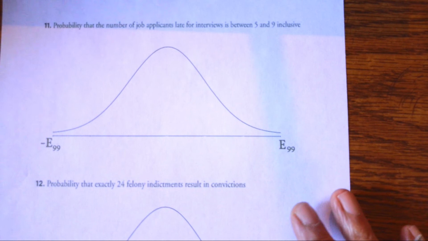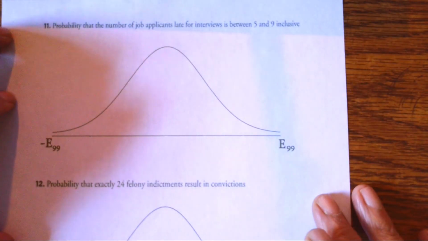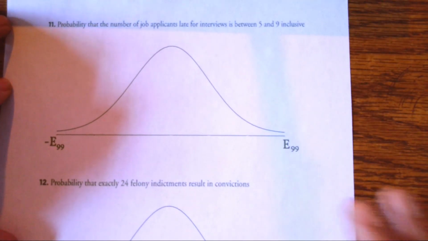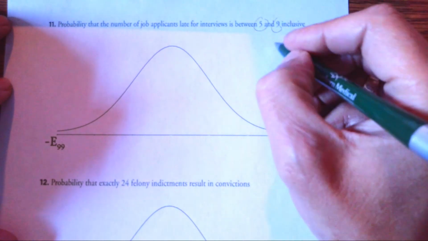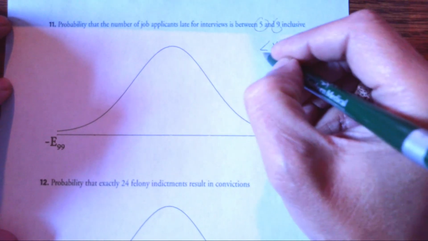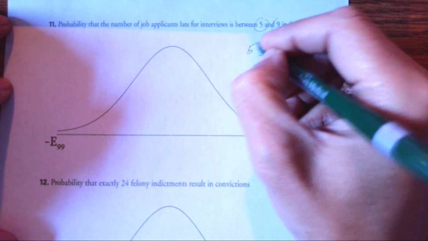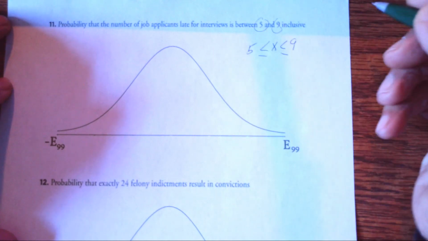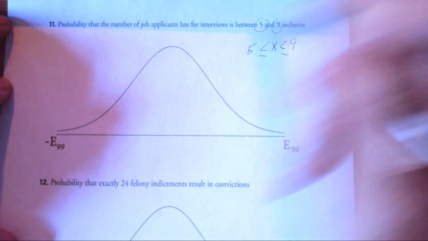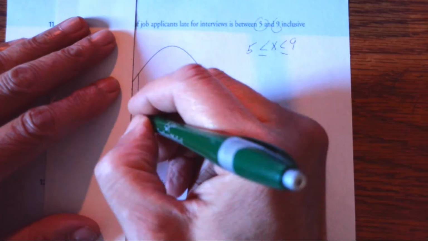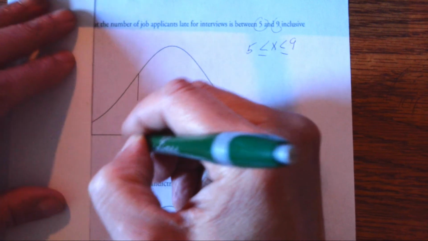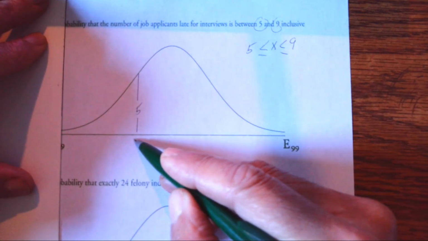Number 11, basically the same idea as number 10. Between 5 and 9 inclusive. So X is between and including the 5 and including the 9. And once again, I'll start out by drawing my lower 5. I'm not marking it here.